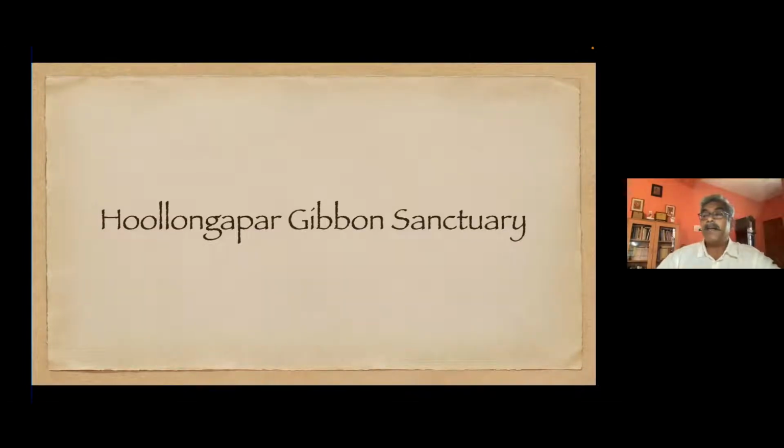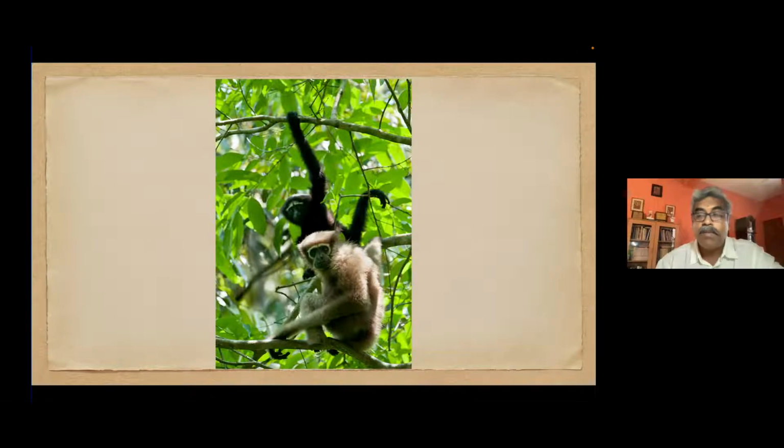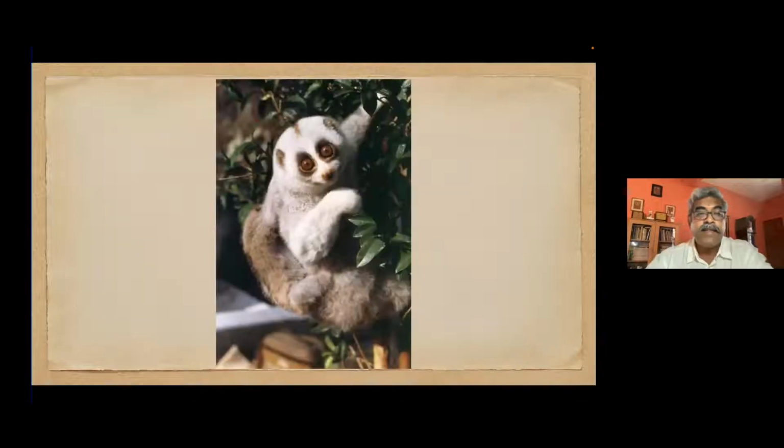Nearer to Jorhat is the Holgon. I'm sorry about the pronunciation. It's a Holgon Par Gibbon Sanctuary. It's a home to the only gibbon species found in India, that is the western Hoolock gibbon and the Bengal slow loris, which is a nocturnal species.